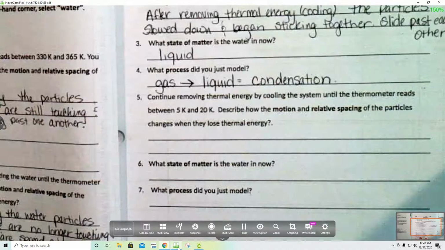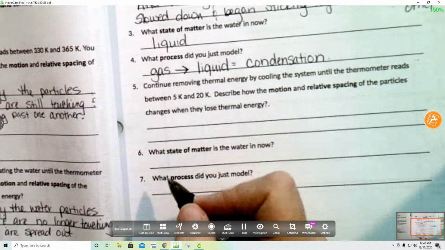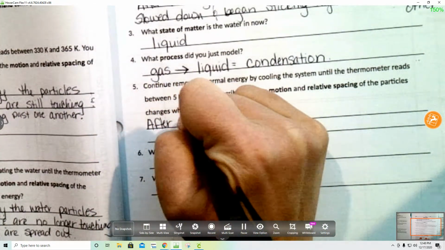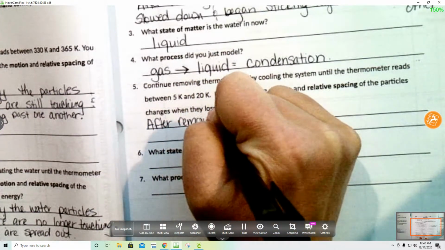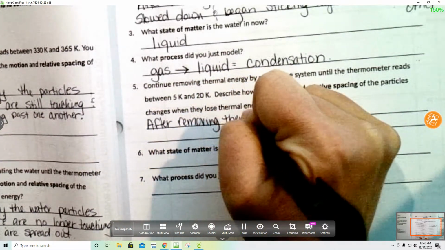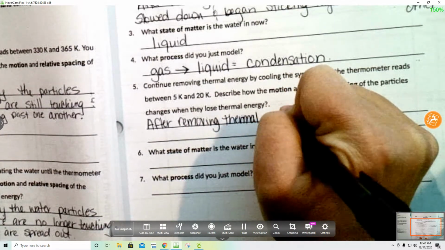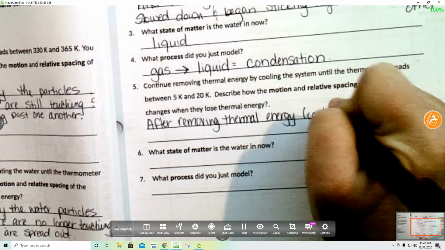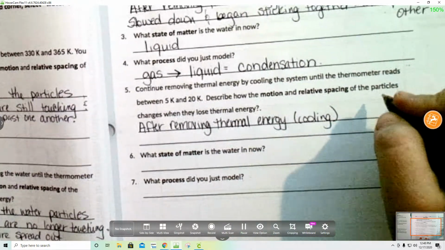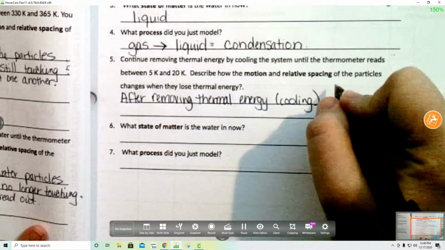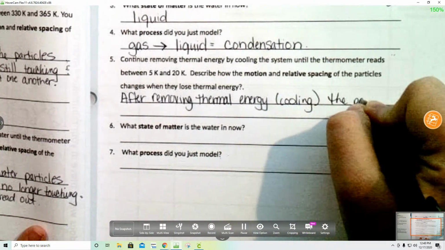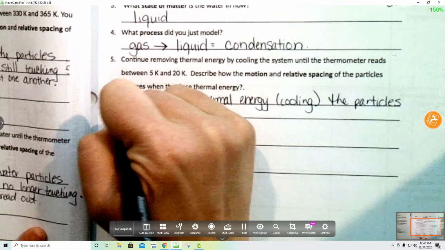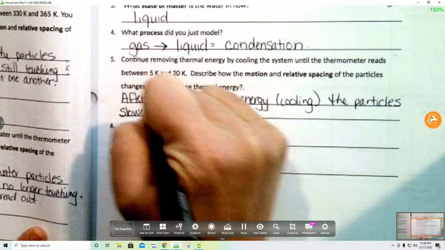So after removing thermal energy, or cooling, the particles slowed way down.